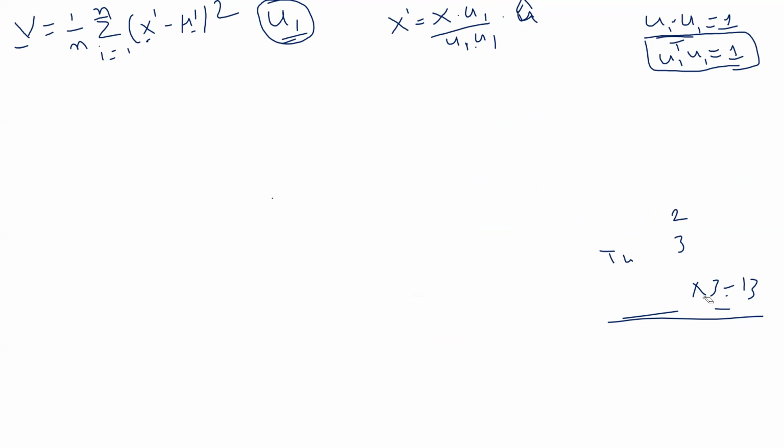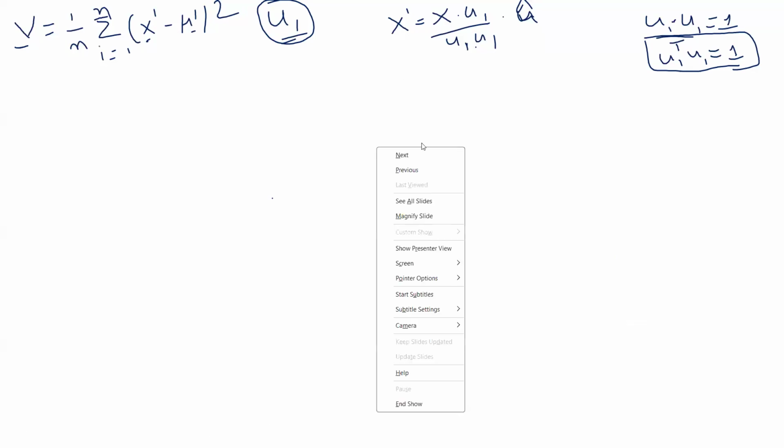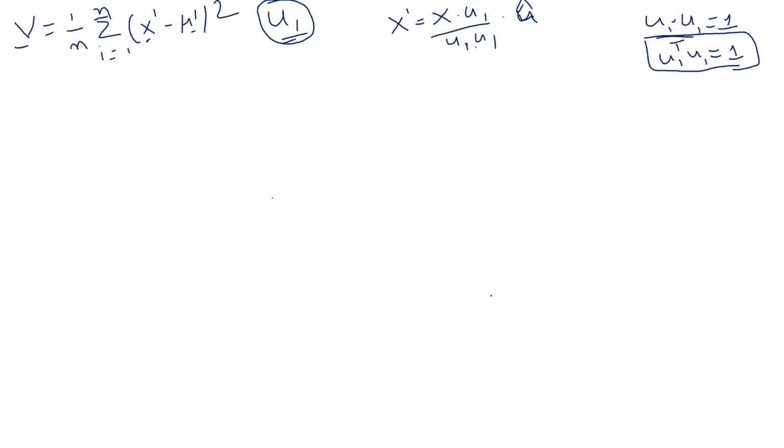Okay, so how do we calculate the principal components and all this stuff? Once this is done, you will be able to accept a few things. Now I know the projection is done. Now I know u1 dot u1 is equal to 1, so I can write x cap as x dot u1, because u1 dot u1 is equal to 1, that is a constant, we will solve that later.